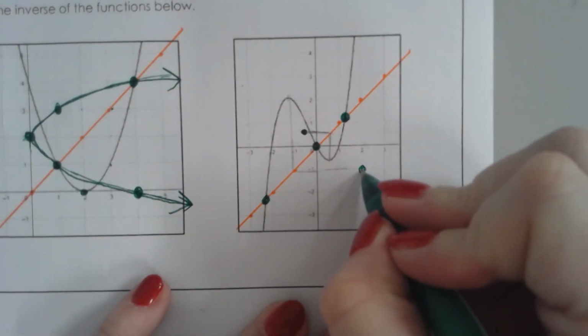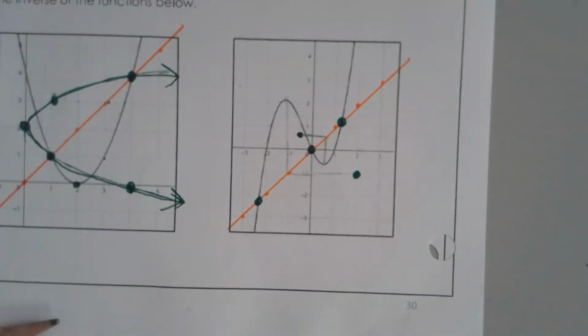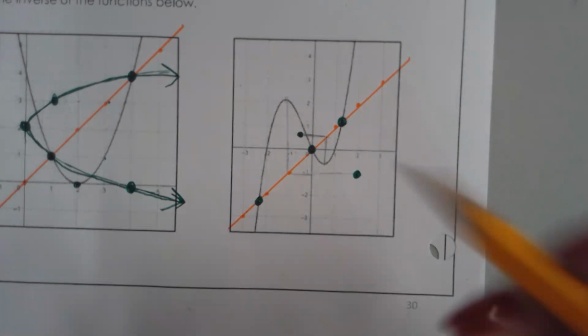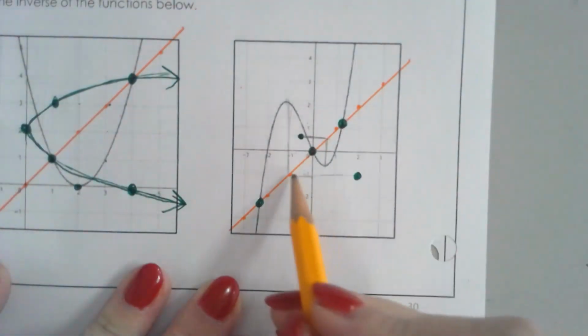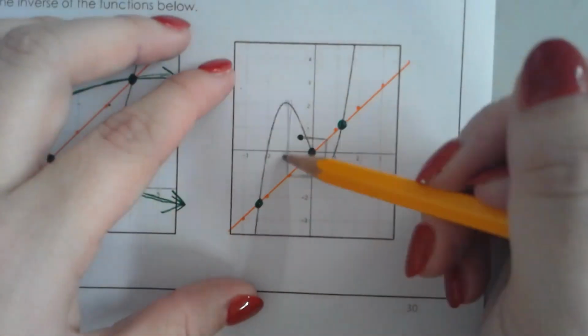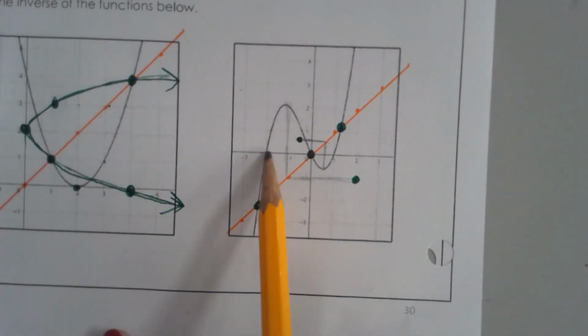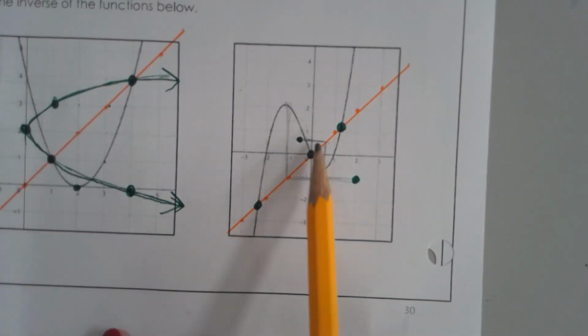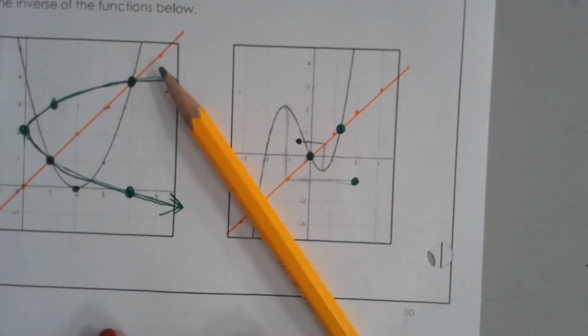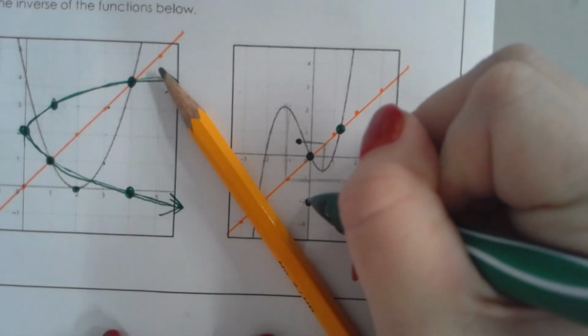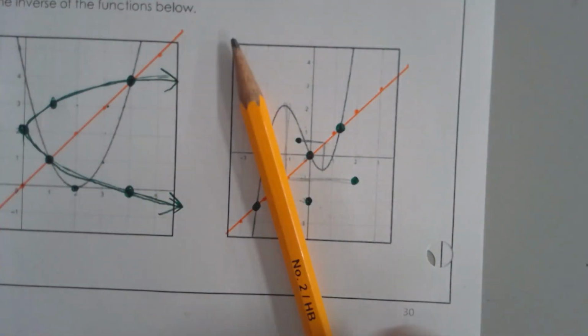It would come over here. The point (-2, 0) would become (0, -2). That's an easy one I can put. Now the problem is we have all these points, and we've got to figure out how they're connected.